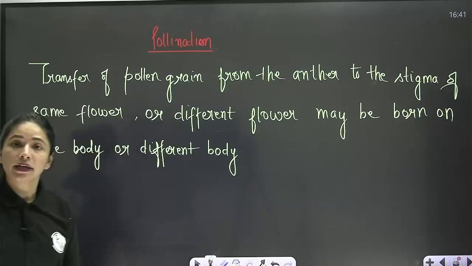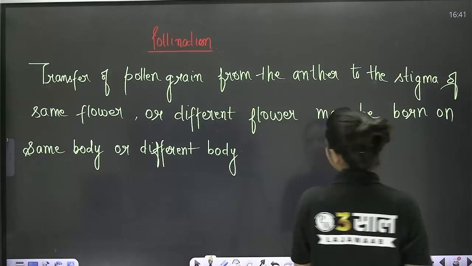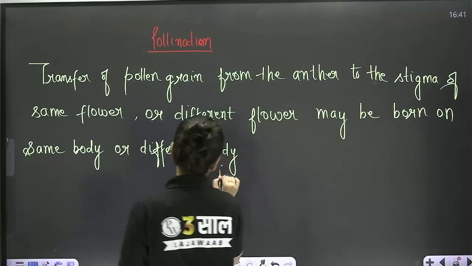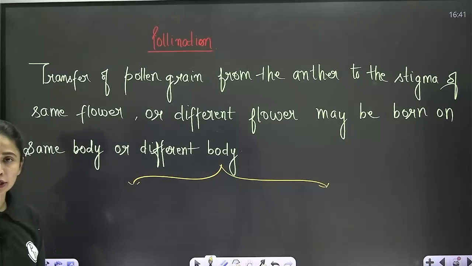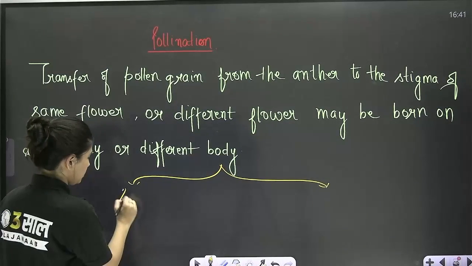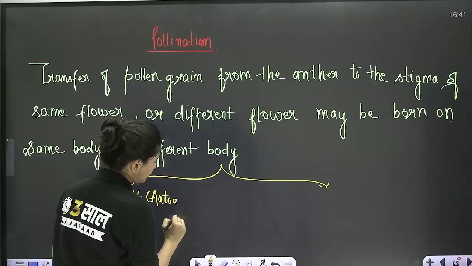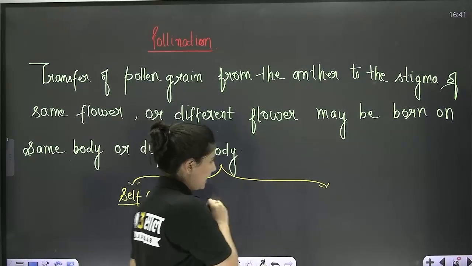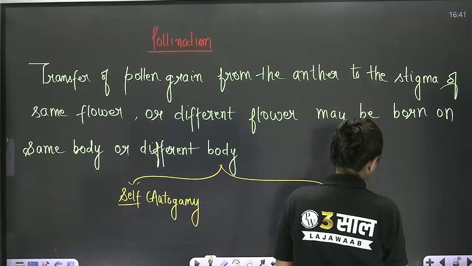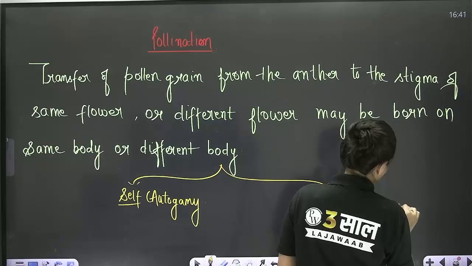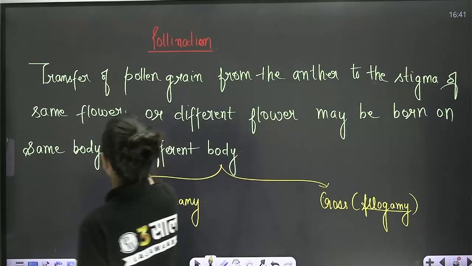Correct? Now, depending upon the type of flower chosen for the transfer of gamete, pollination, beta, can be of two types: self-pollination or cross-pollination. Self means autogamy, and cross-pollination means allogamy. Correct? What is autogamy?